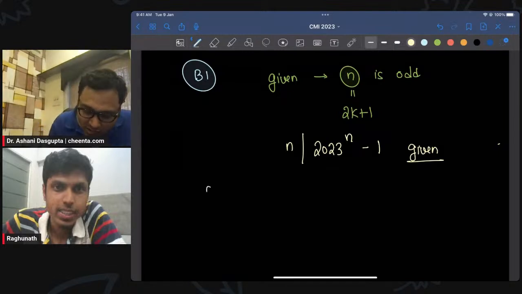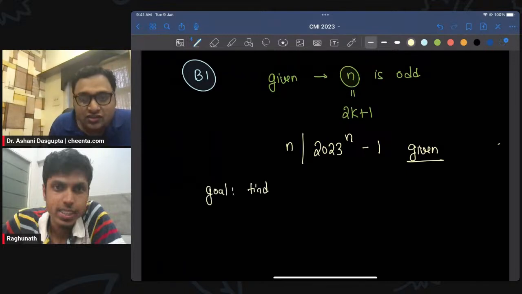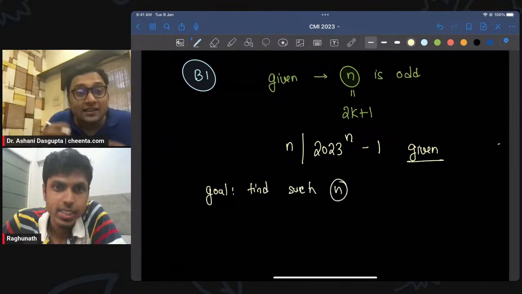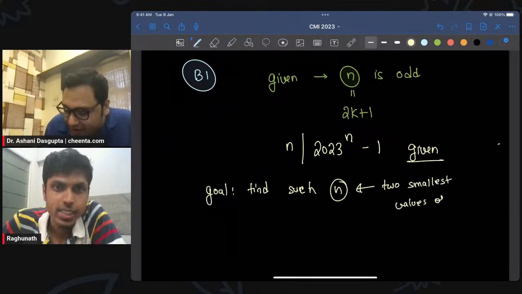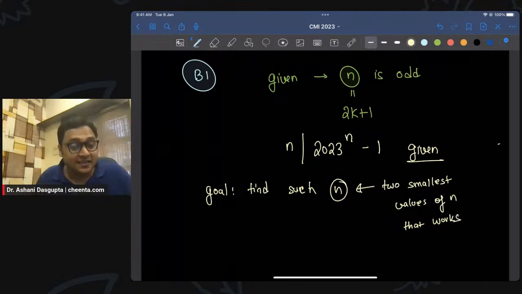So our goal is to find such n, in fact the two smallest values of n that work. That's the first thing.